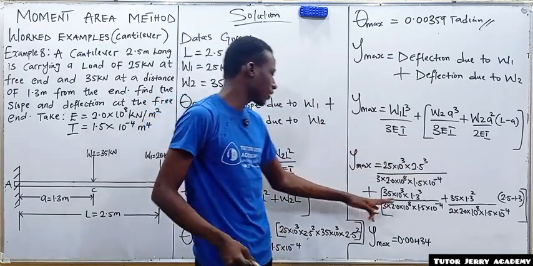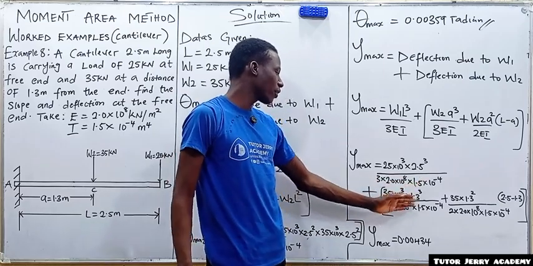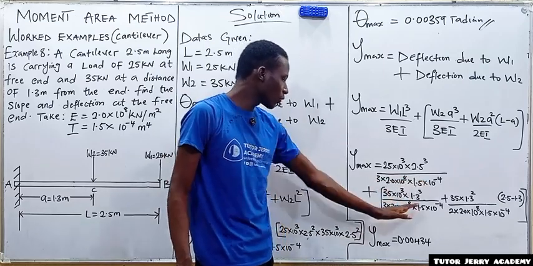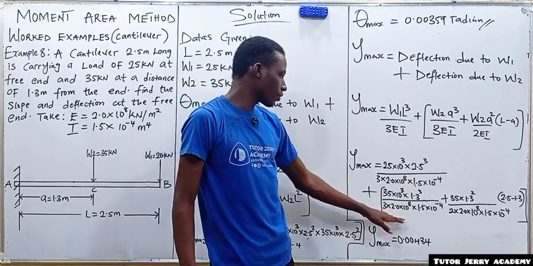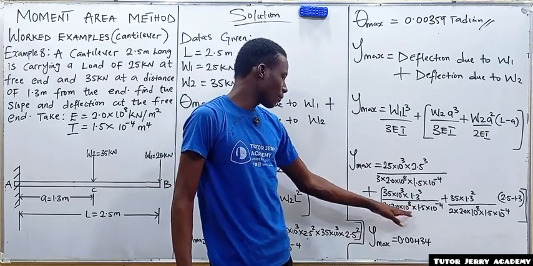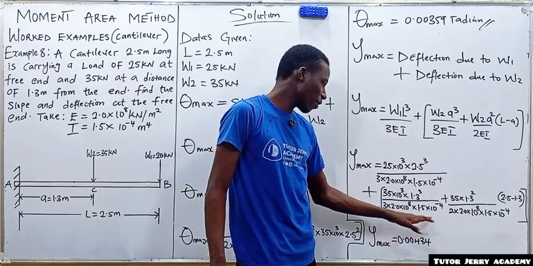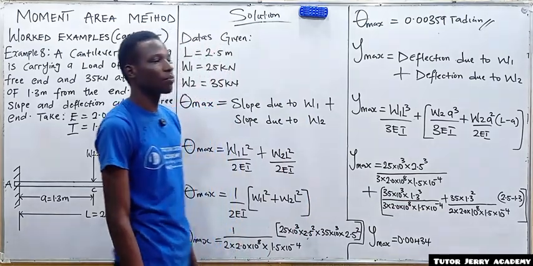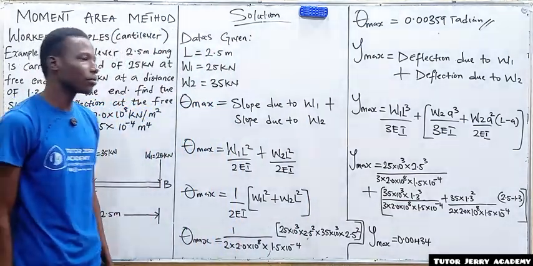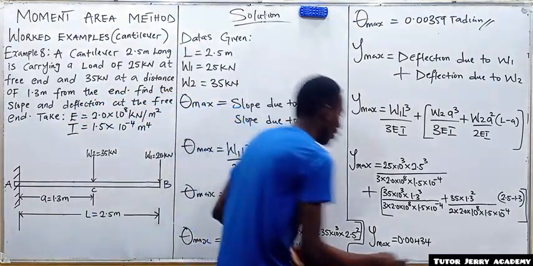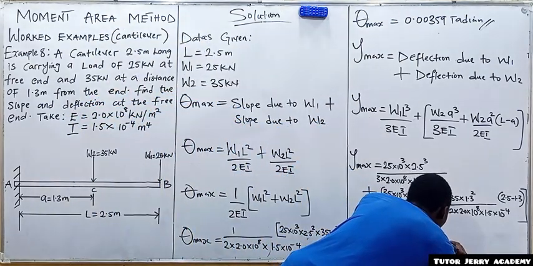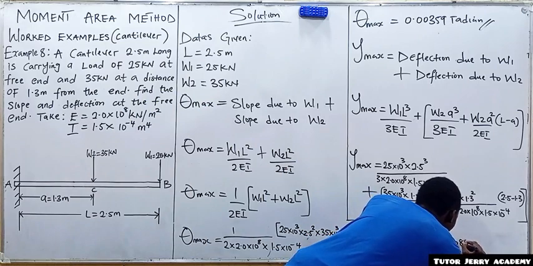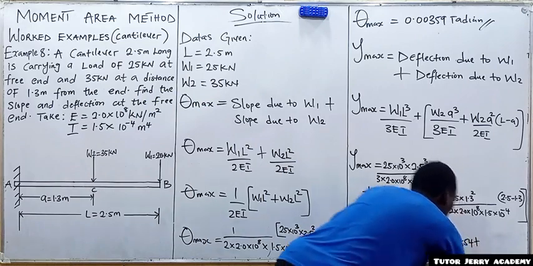So 35 times 10 to the power of 3 times 1.3 to the power of 3 all over 3 times 2.0 multiplied by 10 to the power of 8 multiplied by 1.5 times 10 to the power of minus 4. This will give us nothing but 0.00854.